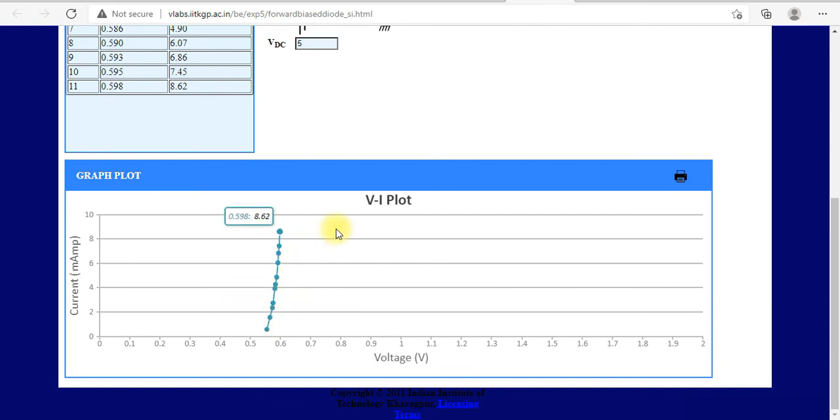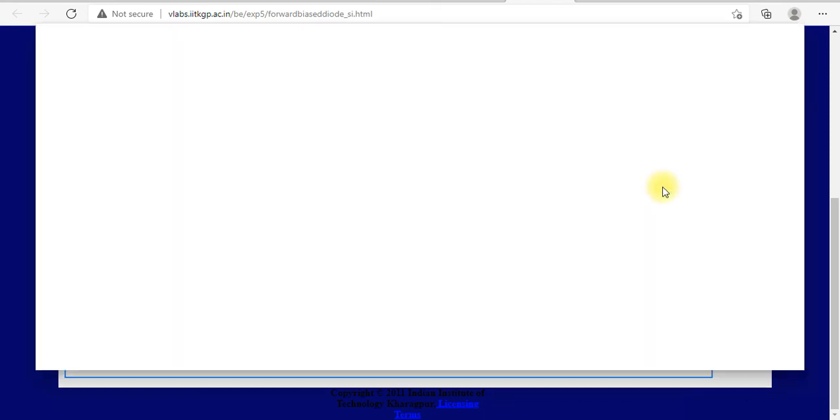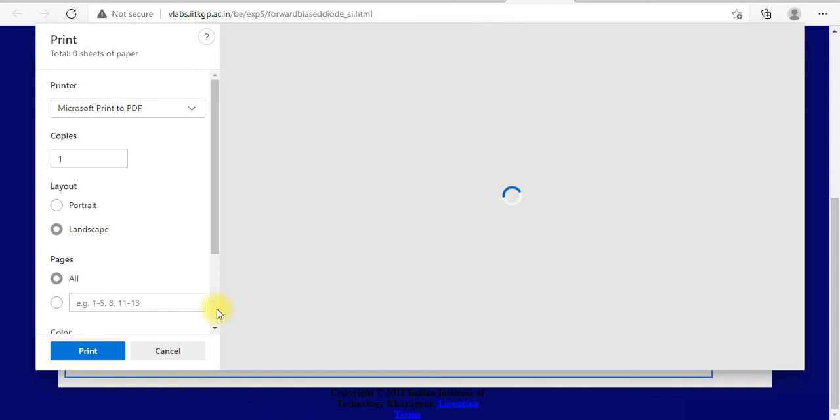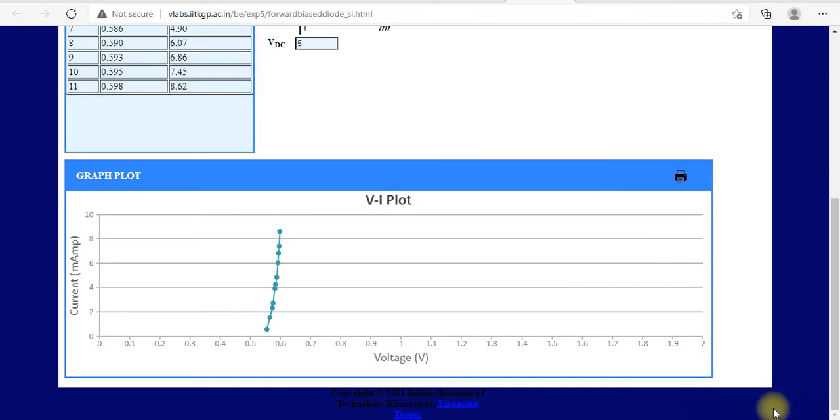A graph is plotted. You can take a print here. You can take a print also. Okay, now we will work on the second direction.